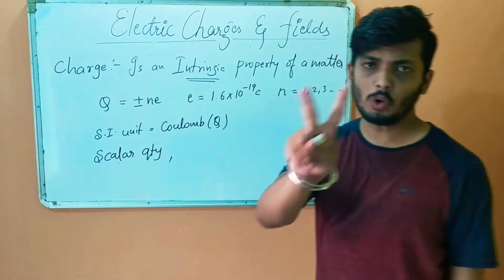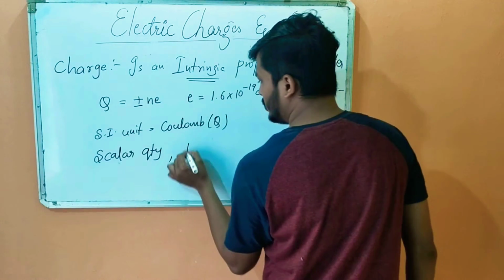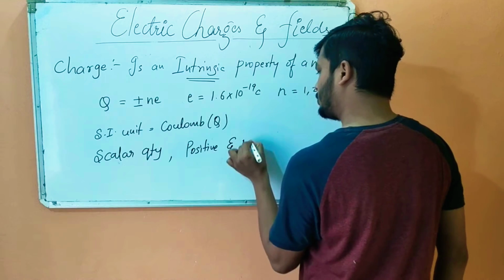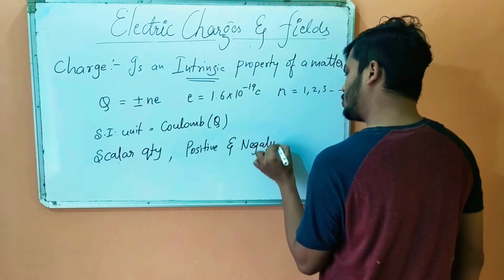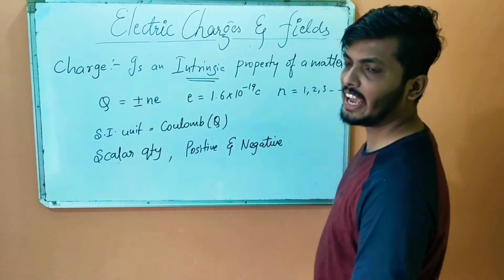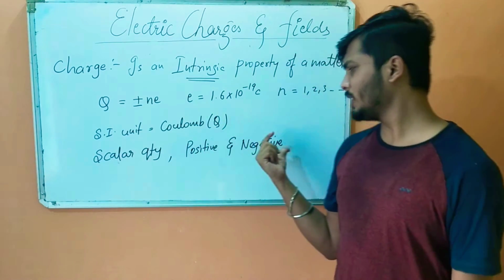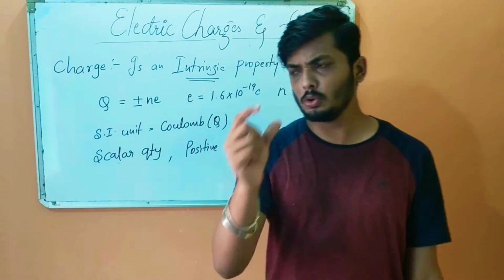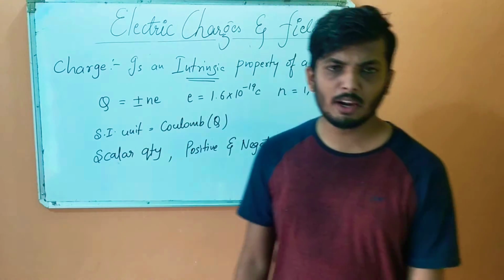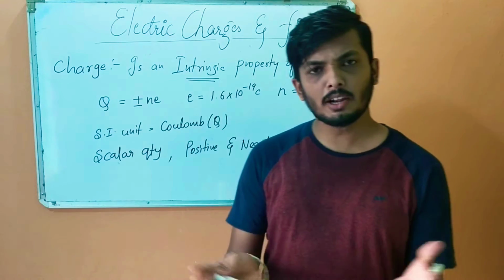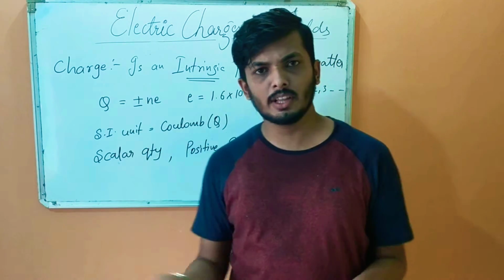Remember, there exist two kinds of charges: positive charge and negative charge. Before we go to the positive and negative charge, you have to know that in general any matter will be in a neutral state. Why? Because any matter is made up of atoms.